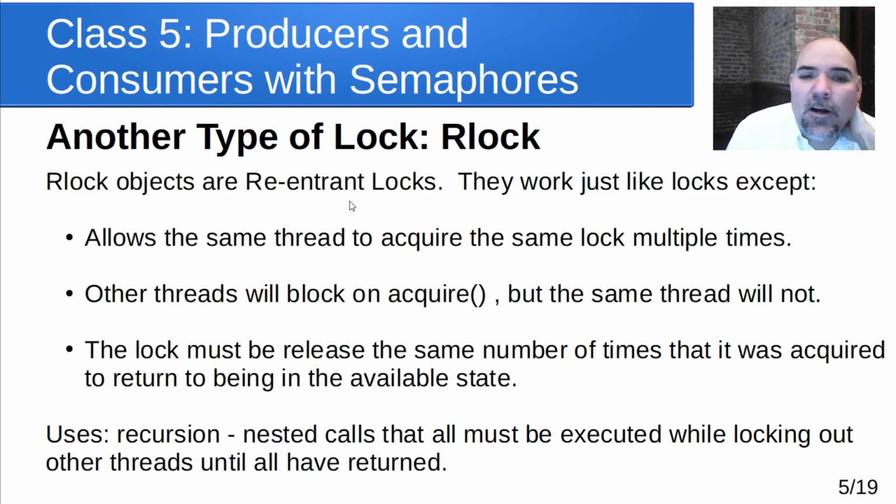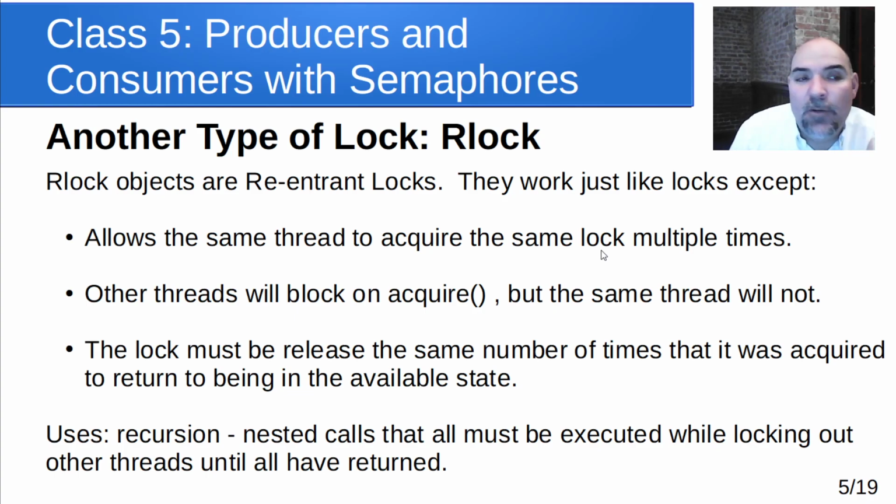Essentially what an RLock does is it locks out every other thread except the thread that we're in, to be blocked out while we have acquired the lock. In other words, the same thread can actually acquire that lock multiple times. And the other threads that try to acquire that lock will block on an acquire, but our one, if we hit acquire more than once, then it's okay.